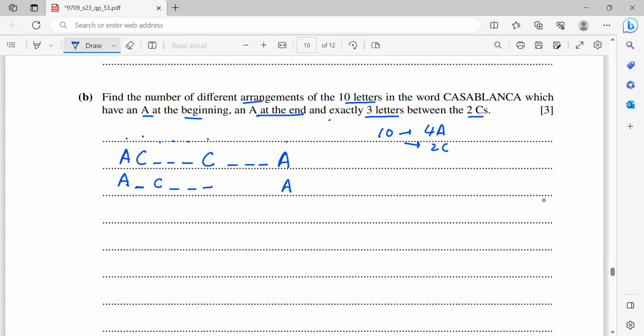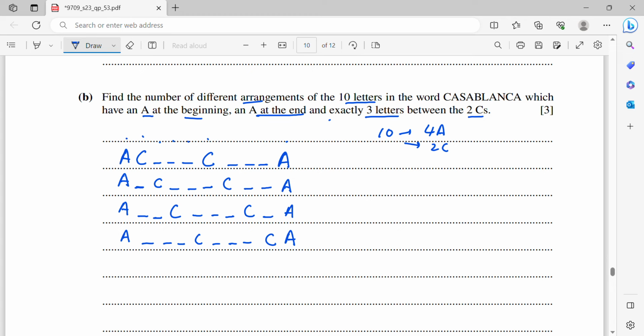So it could be A, dash, C, then 1, 2, 3 dashes, C, dash, A. And then it could be the C just beside the last A. So dash dash dash C dash dash dash C A. Alright.